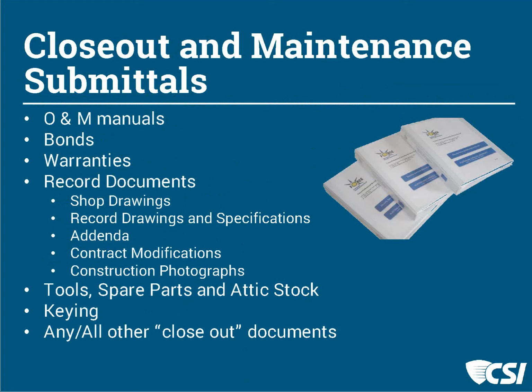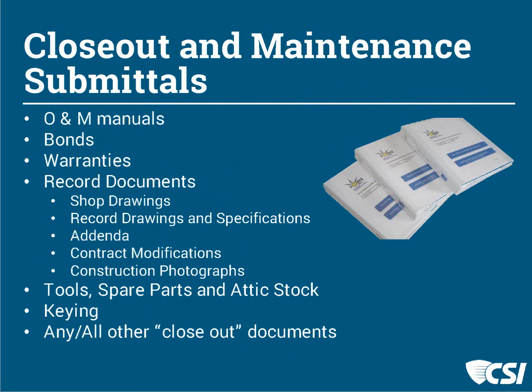There would also be record documents that would include all of the shop drawings that have come in, any kind of drawings, record drawings, any addenda changes that happened within the project, and these construction photos.